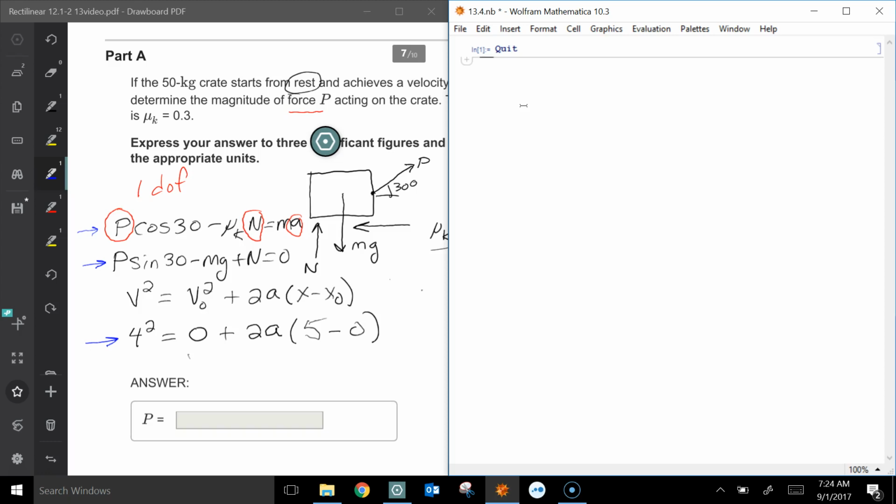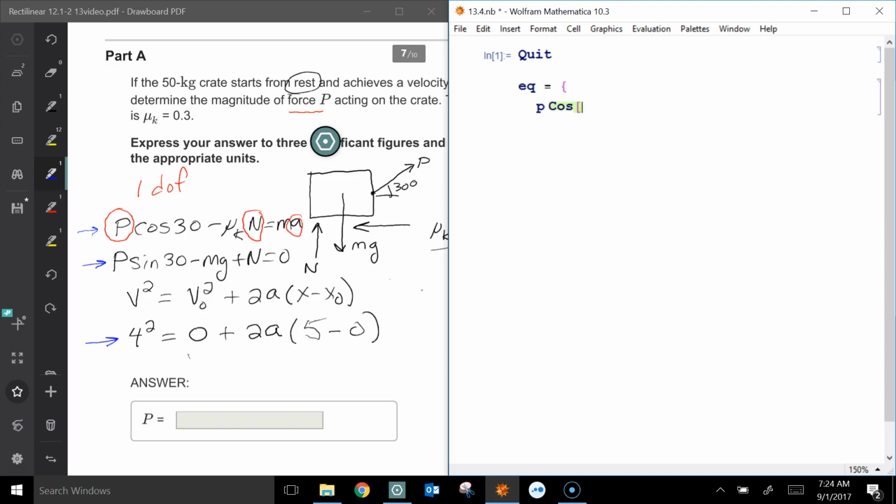Now I'm going to type in the equations that I have. I'm going to name this one with an equal sign because I'm naming it, not establishing an equation. Let me zoom in a little bit. Okay, so the equations are P.